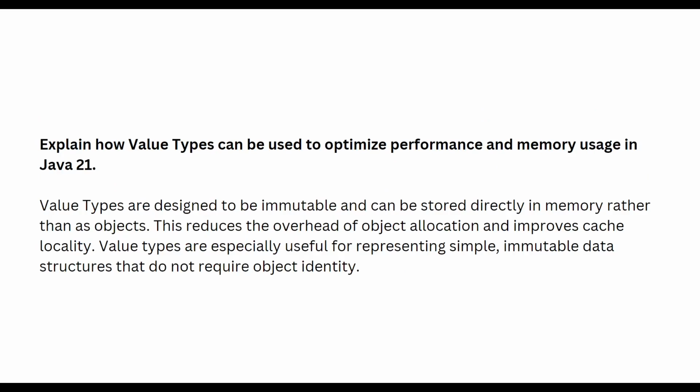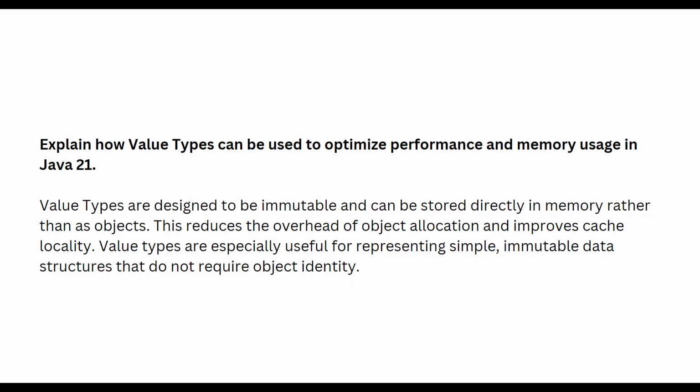Explain how value types can be used to optimize performance and memory usage in Java 21. Specifically talking about performance and memory usage, value types are designed to be immutable. When we talk about immutability, we get memory performance by default, right? And they can be stored directly in memory rather than as objects.